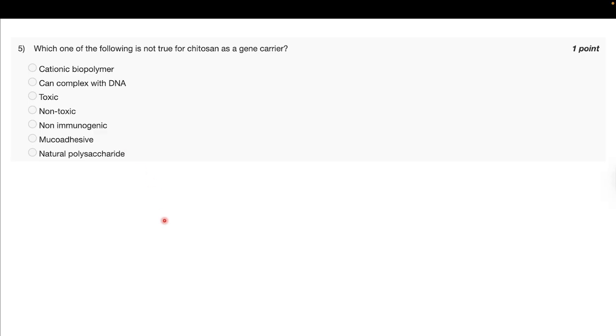Yeah, so the next question is, which one of the following is not true for chitosan as a gene carrier? So chitosan is one of the polymers which can be used to deliver genes. So we are supposed to answer what is not true for chitosan as a gene carrier.